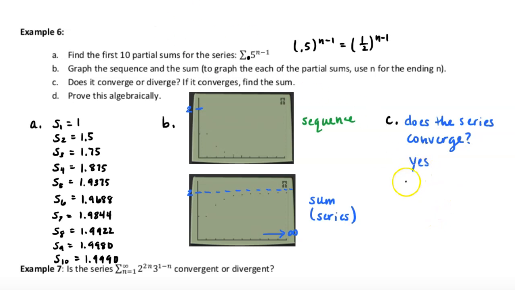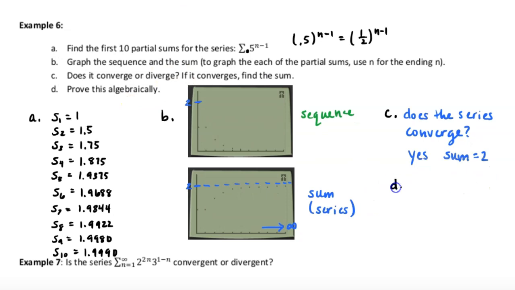And now for part D, let's actually show this, and I want to show the sum. And I can see that the sum is 2 because the limit is equal to 2. In part D, I'm going to use the idea that this is in the form of the sum of a times r to the power of n minus 1.